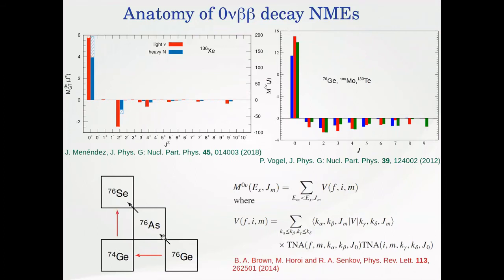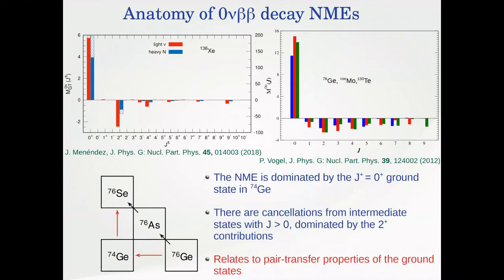And you can directly correlate that to (p,t), (t,p), (helium-3,n) type of experiments. And quite remarkably, these calculations also show that, again, the nuclear matrix element is dominated by the ground state in the intermediate nucleus, which in this case is germanium-74. And then there are cancellations from other J not equal to 0 states that are dominated by 2 plus contributions, very similar to here.